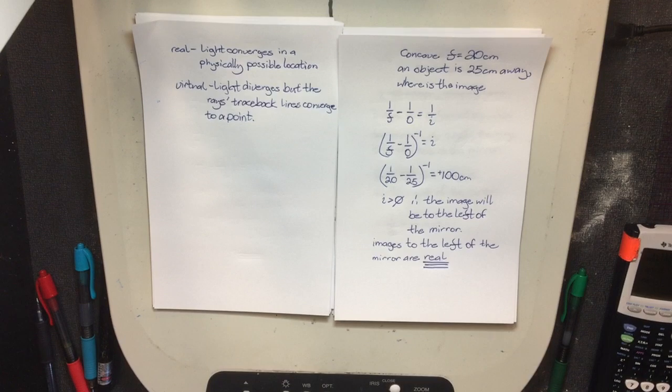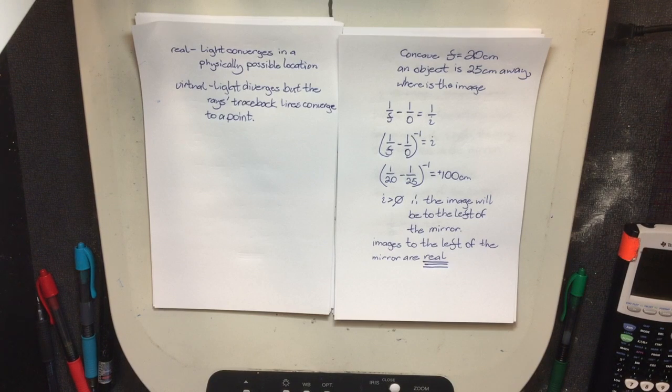So if the lines meet as physical, real light rays, it's a real image. If you have to trace the light rays backwards, it's a virtual image. For a mirror, if the image distance is positive, it's to the left of the mirror and it's real. If the image distance is negative, it is right of the mirror and is virtual.